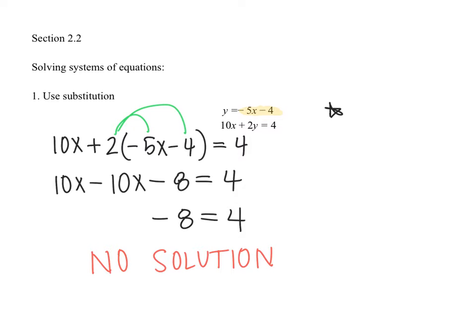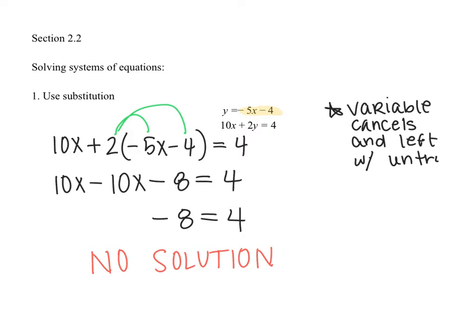Both variables, well, one variable cancels and you're left with an untrue statement.